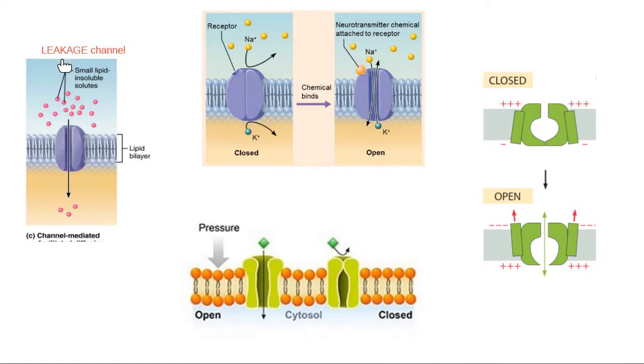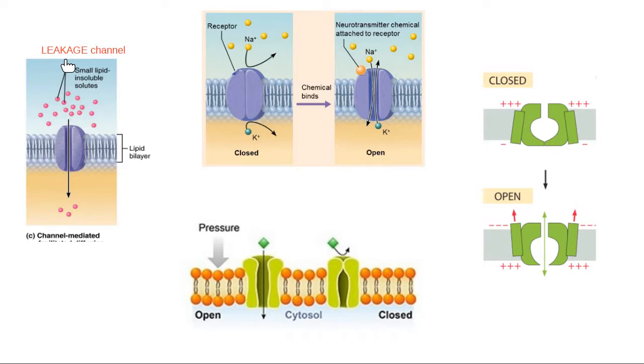We never attach to what we're moving, and in the case of a leakage channel, we're always moving stuff. Remind me in the chat, with a leakage channel, do we transport things from low concentration to high concentration, or from high to low?